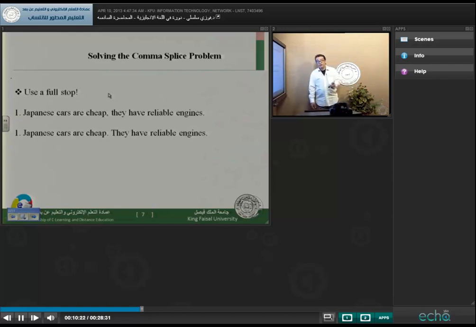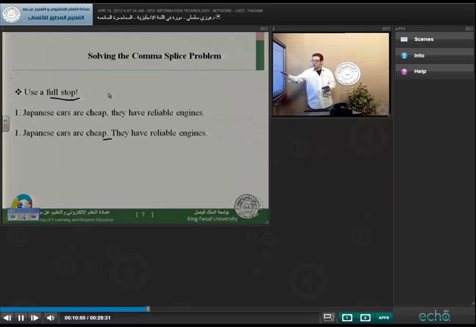One very simple way to solve a comma splice is to use a full stop, right? A period. For example, like we did with sentence number 1, Japanese cars are cheap, they have reliable engines. We just put a full stop there, a period, and the first letter becomes a capital letter.